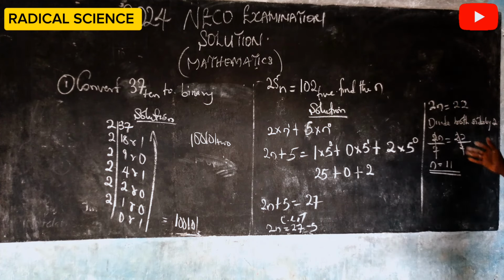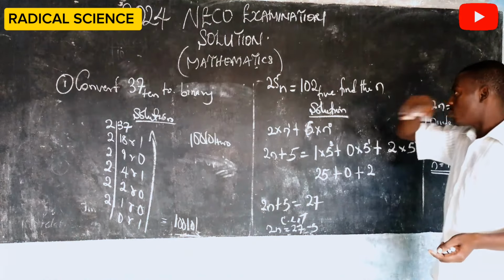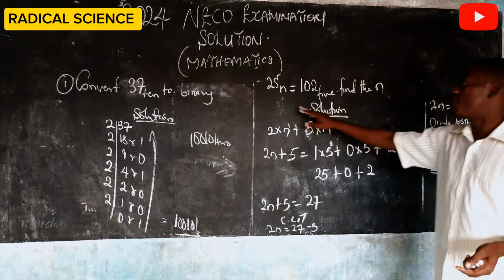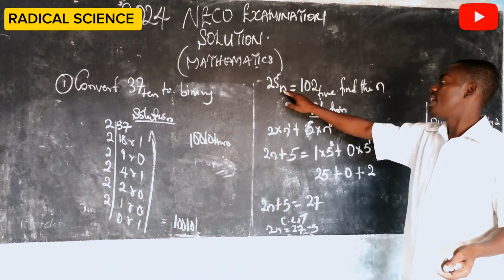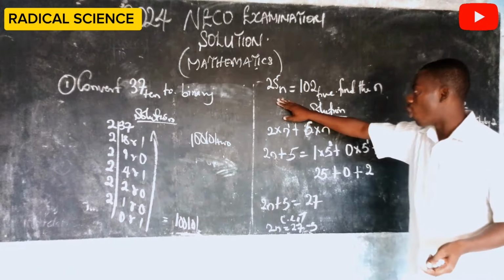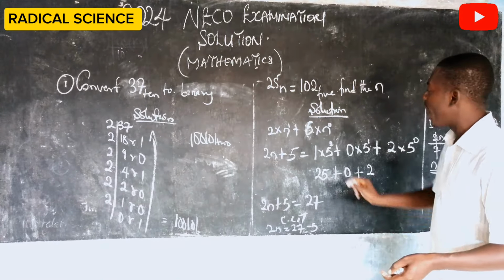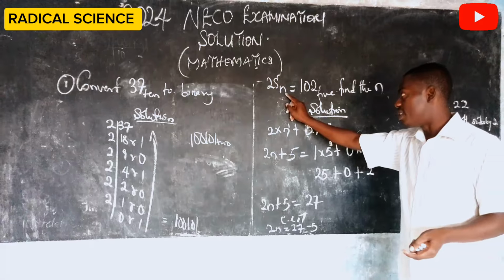For some of you that might be confused, anytime you are looking for the value of alphabets in this type of equation, what you are going to do is convert all to base 10 by multiplying each of the numbers by the base given.